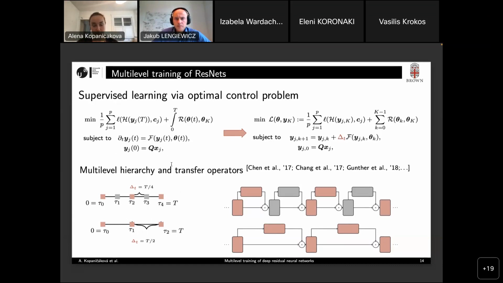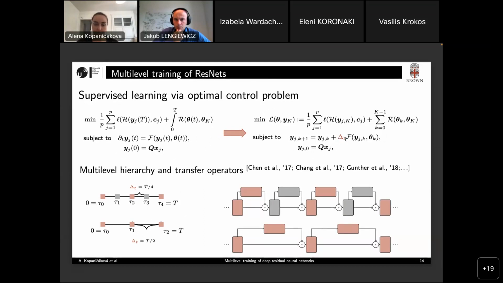Here we try to mimic the ResNet architecture, so we just use the simple explicit Euler scheme, and using this approach, we will obtain a discrete minimization problem where this constraint just imposes the ResNet architecture, but now we have to be careful and we have to take into account this delta t, which is our time step.